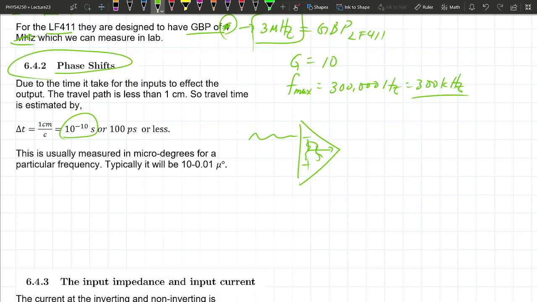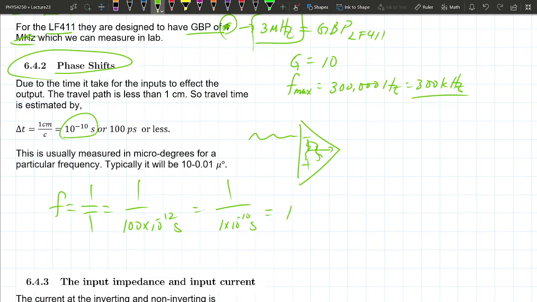Because 100 picoseconds, if I convert that to frequency, frequency is 1 over the period, right? 100 times 10 to the minus 12, that's what a picosecond is, that's actually 1 times 10 to the negative 10 seconds.